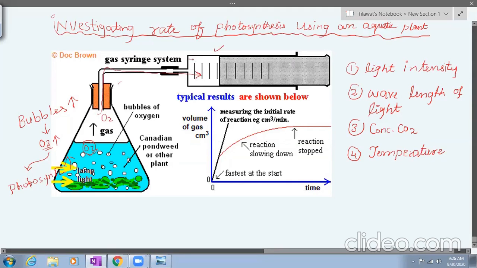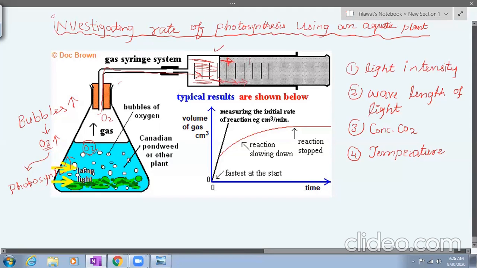Now, if the piston of this syringe is moving back, it means oxygen is accumulating in this space, right? You are collecting that gas, oxygen, here. So if the pressure of oxygen is increasing, this piston will move gradually back.